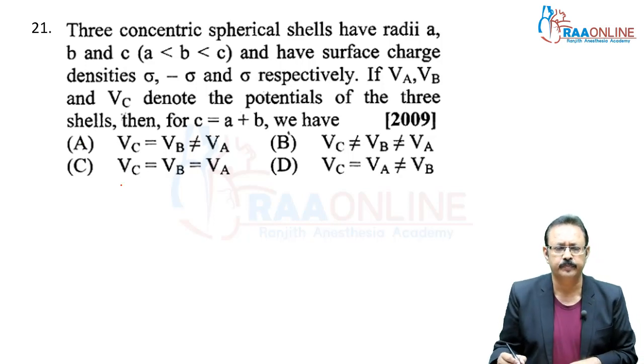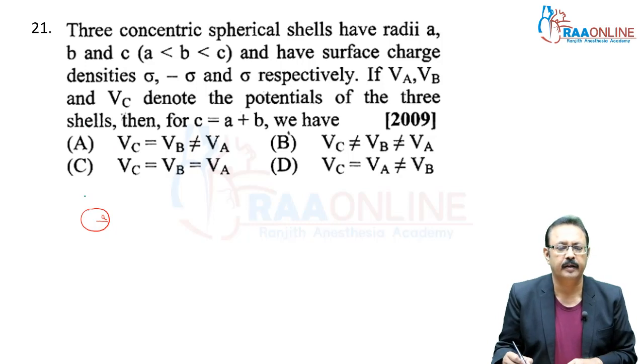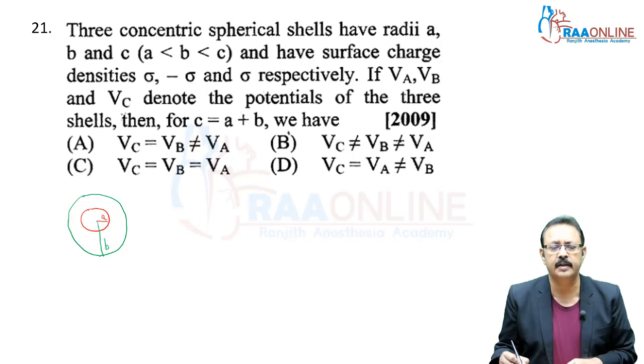What do we have to do? They gave us three shells. See, one shell of radius A, the smallest, is given by A. After that, the second shell is of radius B, with charge density minus sigma.